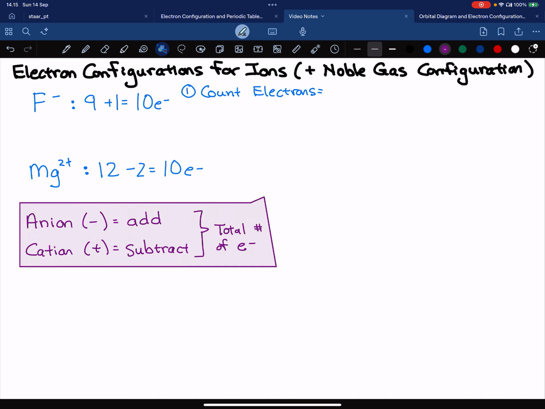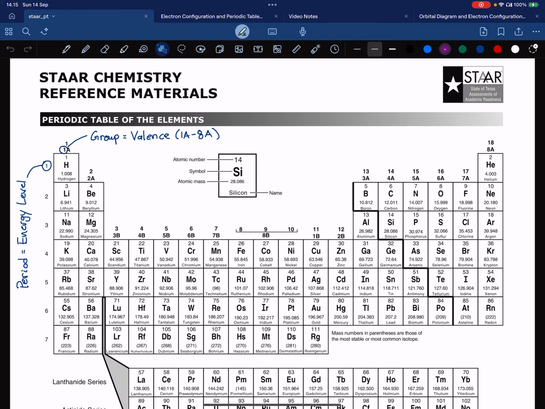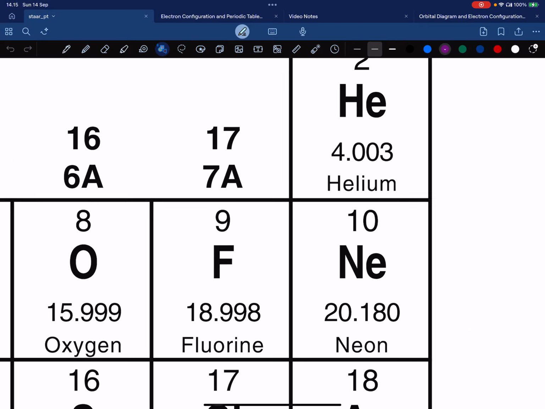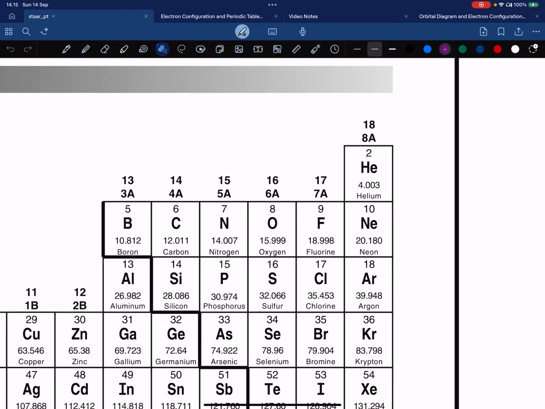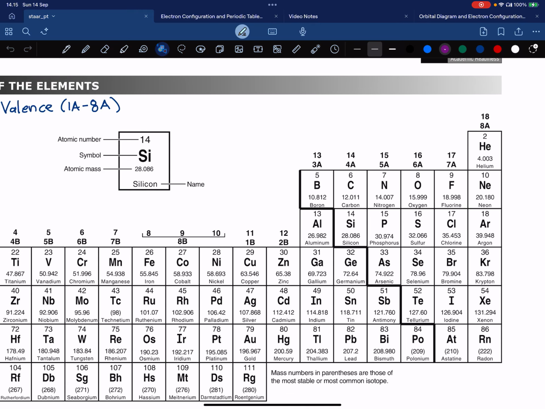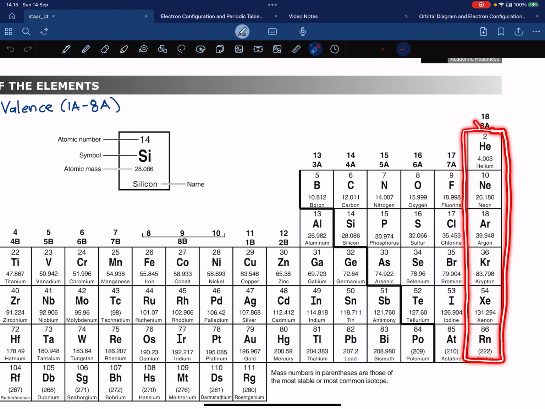Now, what other element happens to have 10 electrons? Well, let's see, shall we? It is neon. Neon has 10 electrons. And guess what? Neon is in group 8. Group 8 are the noble gases.